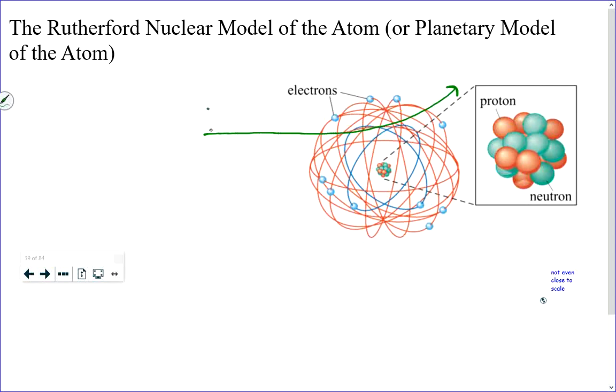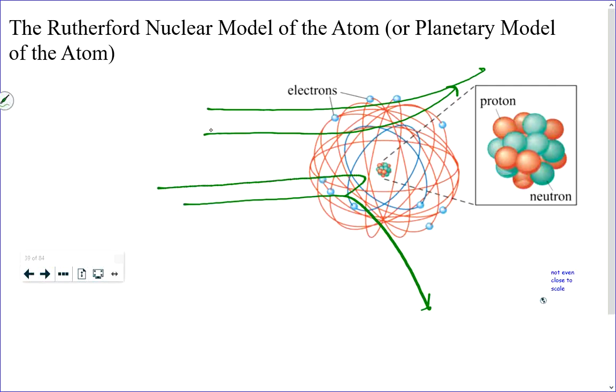If it were traveling this way, it would be pushed away from the nucleus even less. It's a kQQ over r squared force. If an alpha particle is heading this way, it would be deflected a lot. If an alpha particle is going like this, it might come back. But that window, that target that the alpha particle has to be close to come back is too small. So it doesn't happen very often.